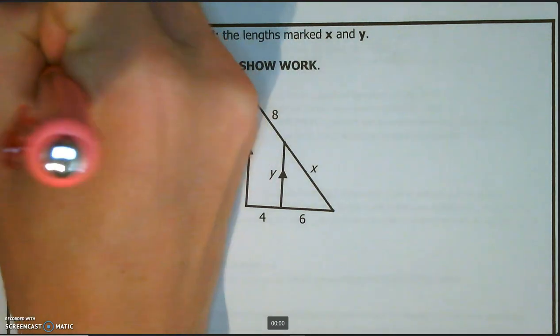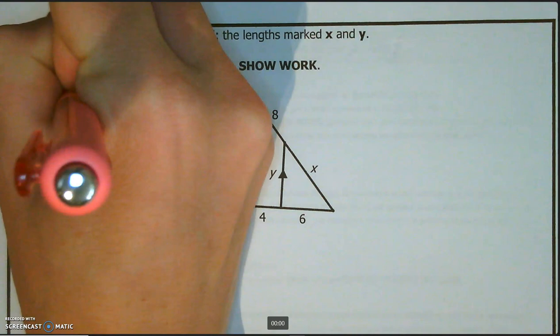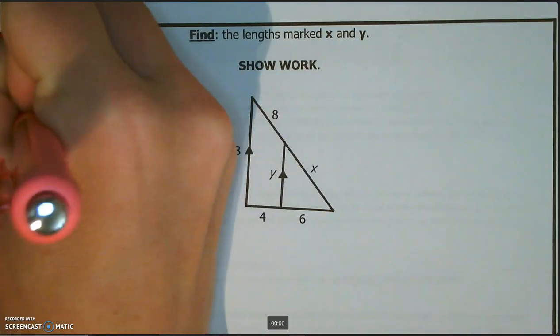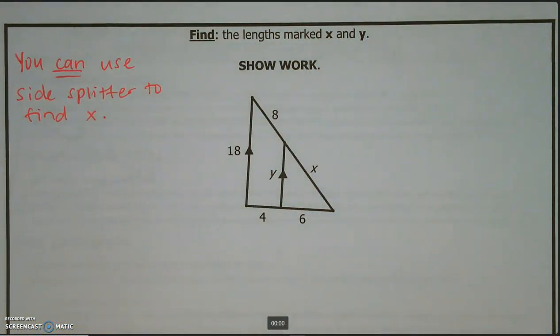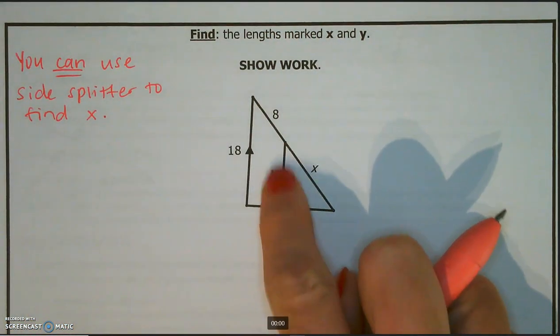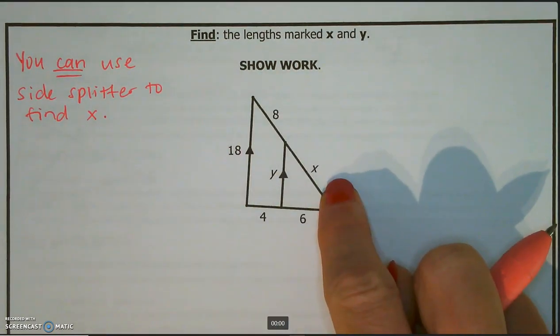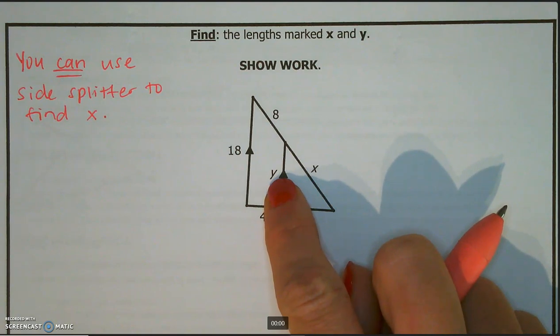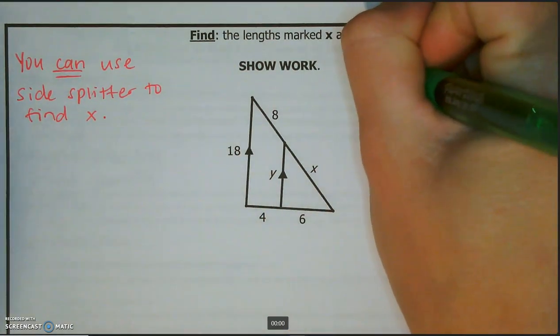You can use side splitter to find X. Okay, then let's look at Y, right? Y is not a part of a side being cut by the parallel lines. Y is a parallel line. So you cannot use side splitter to find Y.